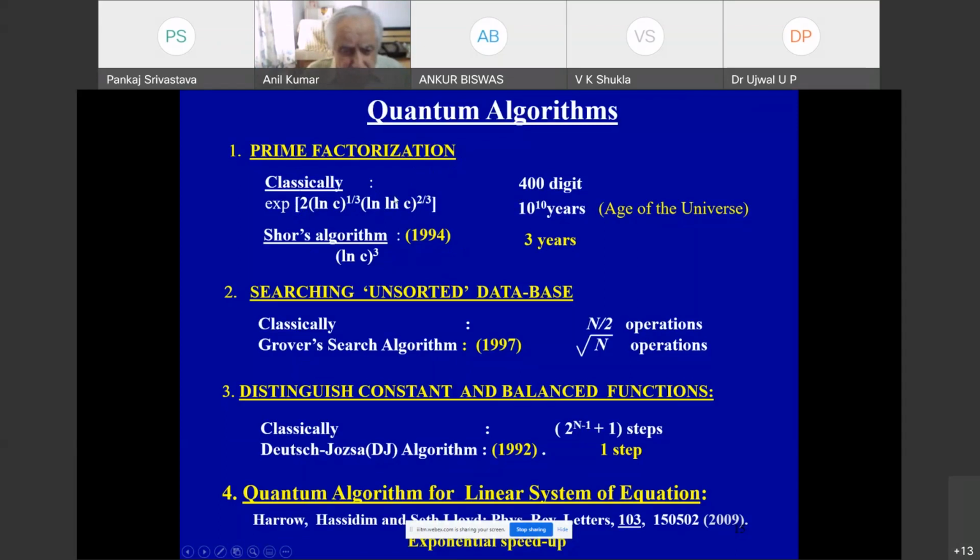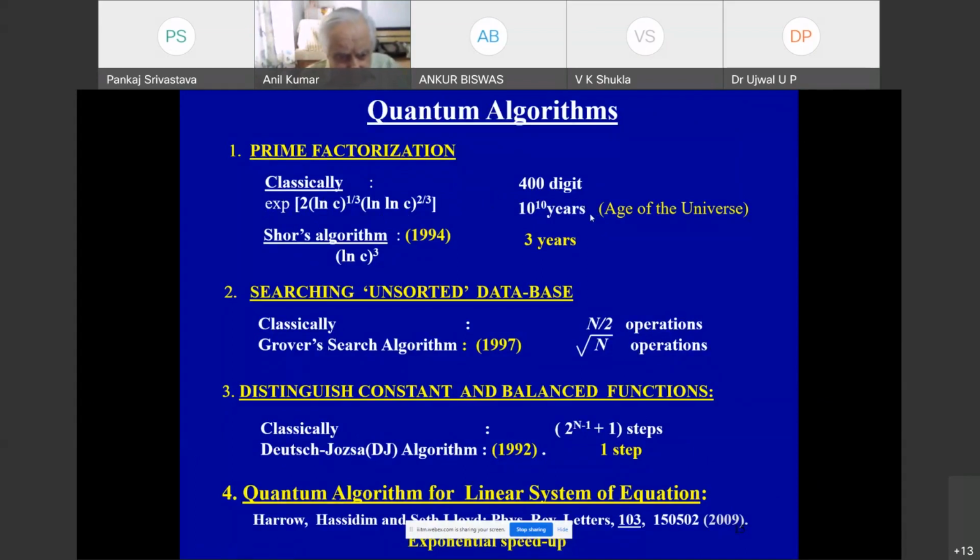If you can convert it into a logarithmic problem, then it's easily possible. That's what Shor did. So instead of exponential scale up, logarithmic scale up. Just to impress upon you what the advantage is: if you have a 400-digit number, it will take the age of the universe to find its prime factorization. In fact, that's the reason why our bank accounts are safe, because you can't find the factors.